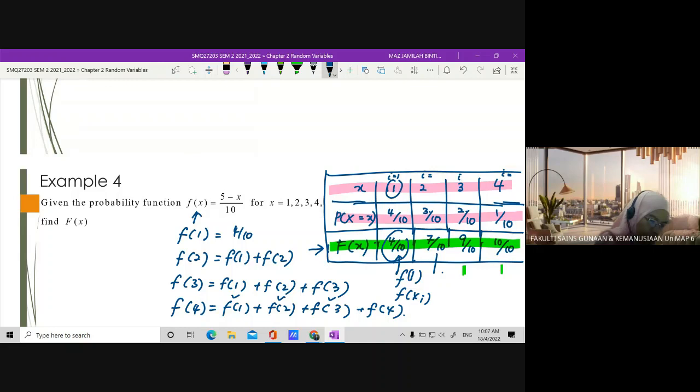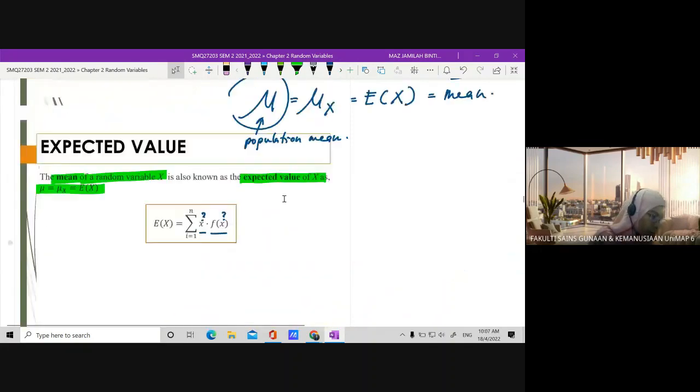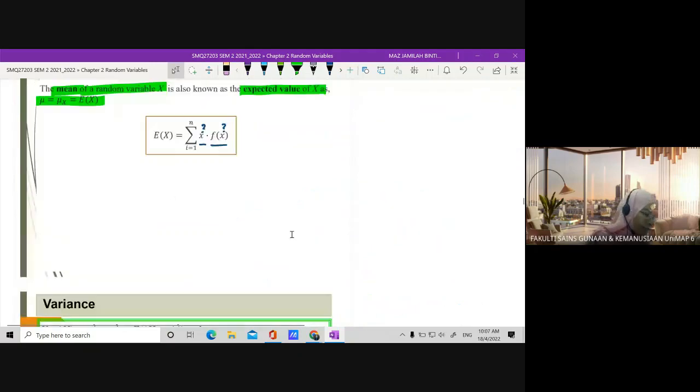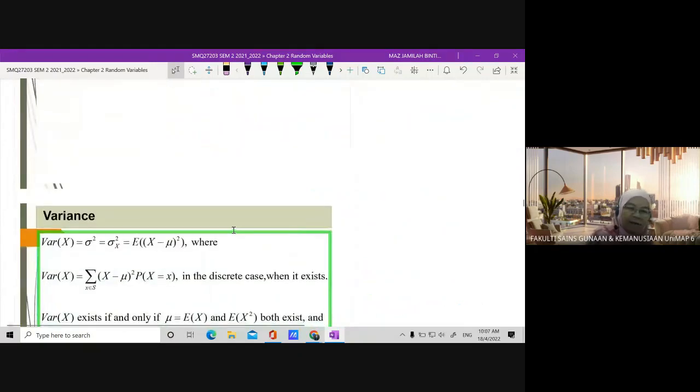This one is your fx2, and so on and so on. So this is how we can find the mean of this random variable. Multiply x with your fx, and continue until finish.